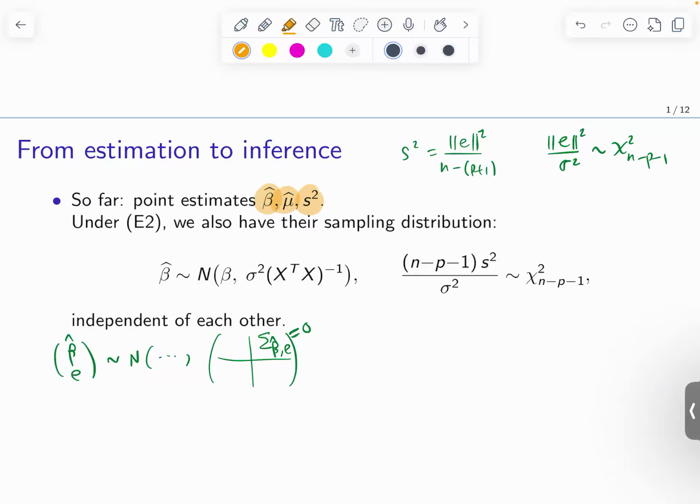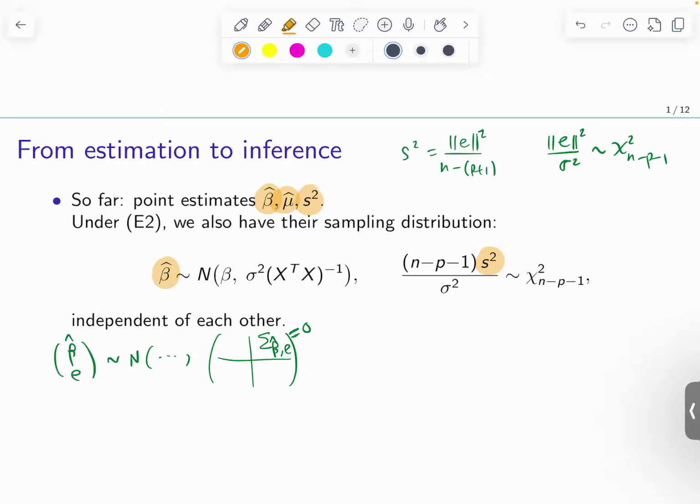And then why are beta hat and, let's say, s squared independent? That's another little argument. You see, everyone is on the same page? So s squared is not exactly the e vector. It's a function of e. Actually, a good point, it's not a linear function.